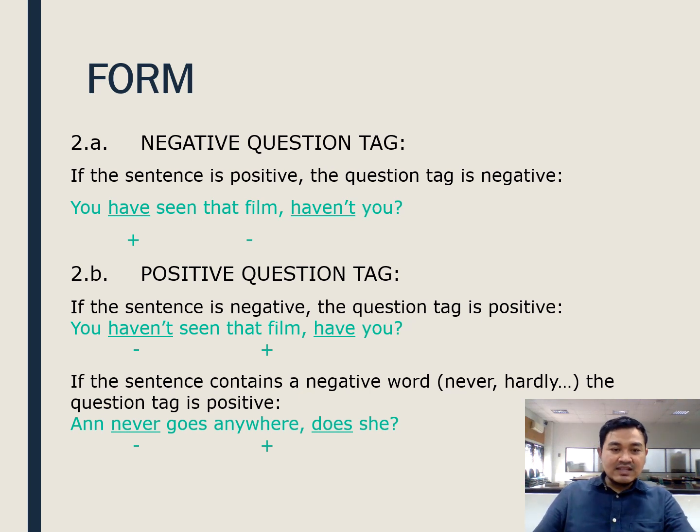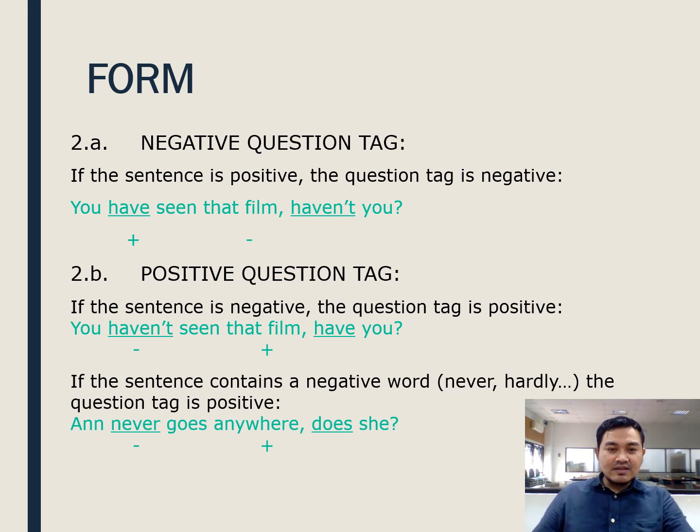You can see in the 2.b example, you haven't seen that film, have you? So it would be very different. In the 2.a, you have seen that film, which means that the sentence is positive. In the 2.b example, what you can see is the negative statement.